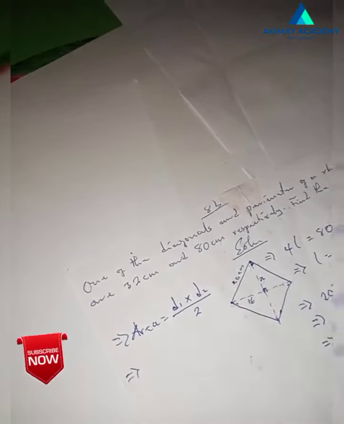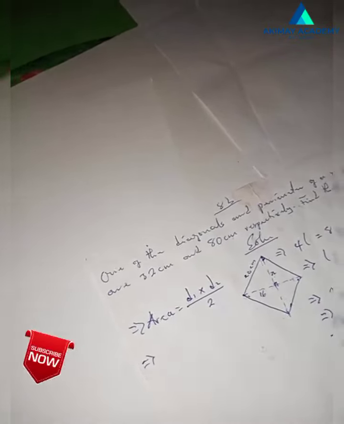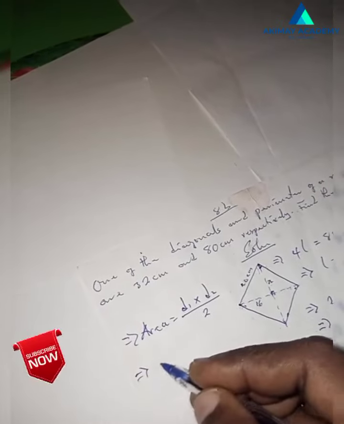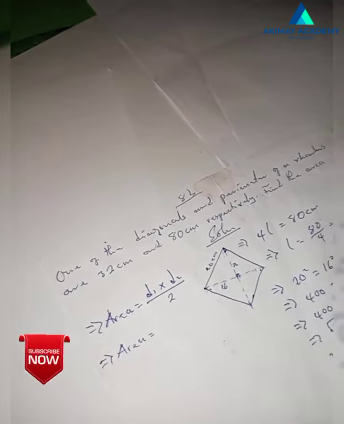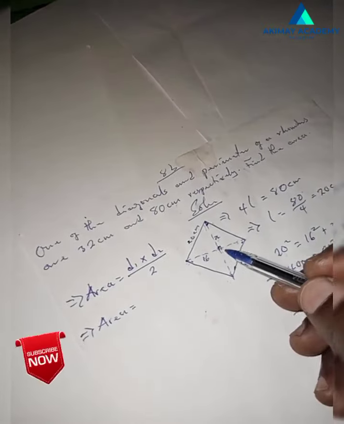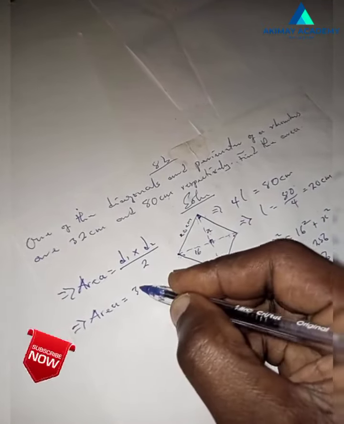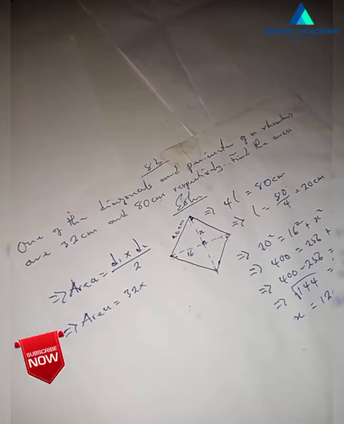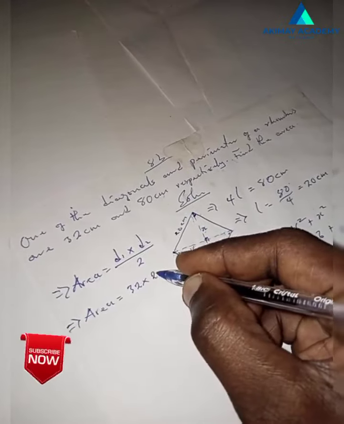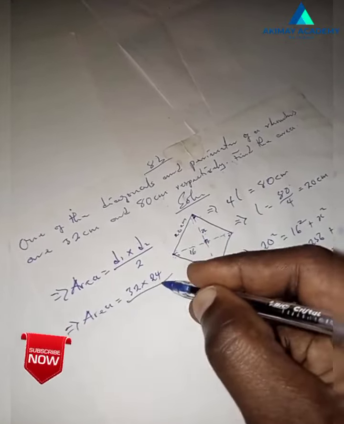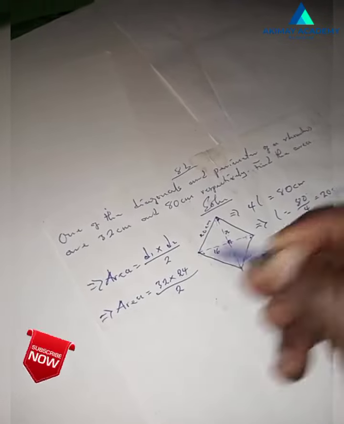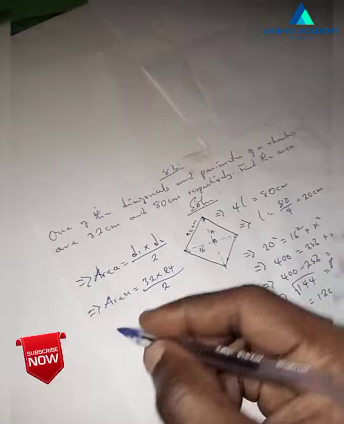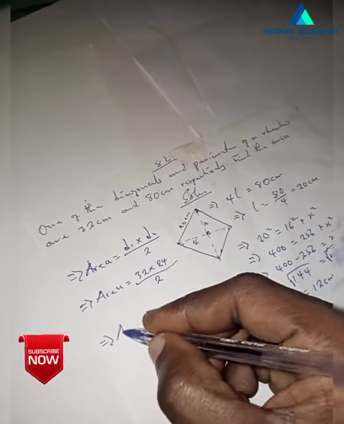Half multiplying the two diagonals. So we have area equals, now we know the first diagonal was 32, so 32 times, now we know the second one to be 24, divided by 2.